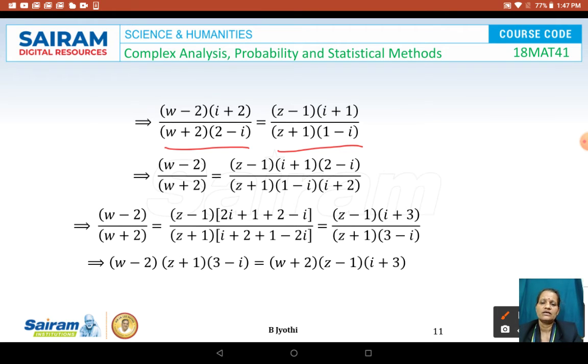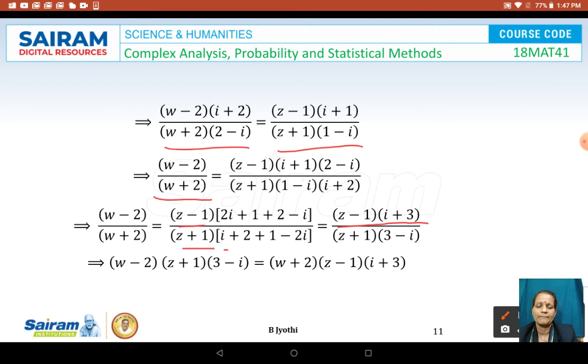On simplification, by taking the i terms to the right hand side and retaining only the W terms on the left hand side, we get (W - 2) by (W + 2) is equal to (Z - 1)(i + 1)(2 - i) divided by (Z + 1)(1 - i)(i + 2), which on simplification, in the right hand side, is (Z - 1)(2i + 1 + 2 - i), and in the denominator (Z + 1)(i + 2 + 1 - 2i), which is (Z - 1)(i + 3) divided by (Z + 1)(3 - i).